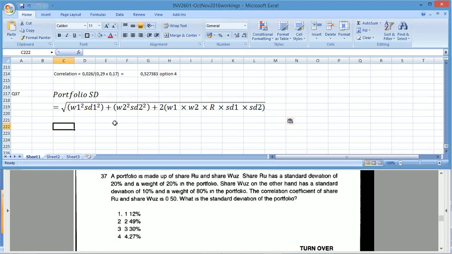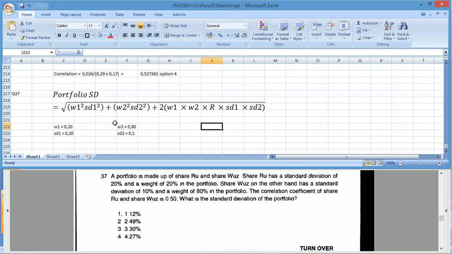Right, so let's start with W1. Okay, so weight 1 is 20%, and standard deviation 1 is 20%. Okay, so they're both 20, that's simple. Okay, then weight 2 was 80%, and standard deviation 2 was 10%.